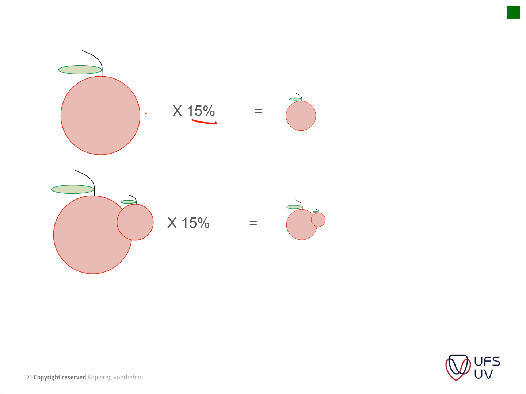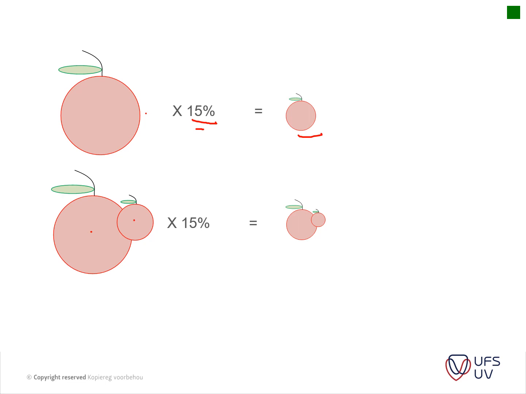So you times your 100% with 15% to calculate what the 15% would be. So this is equal to 15% on this side. What you then have is an item which is 115%, so it's your apple plus the 15%.